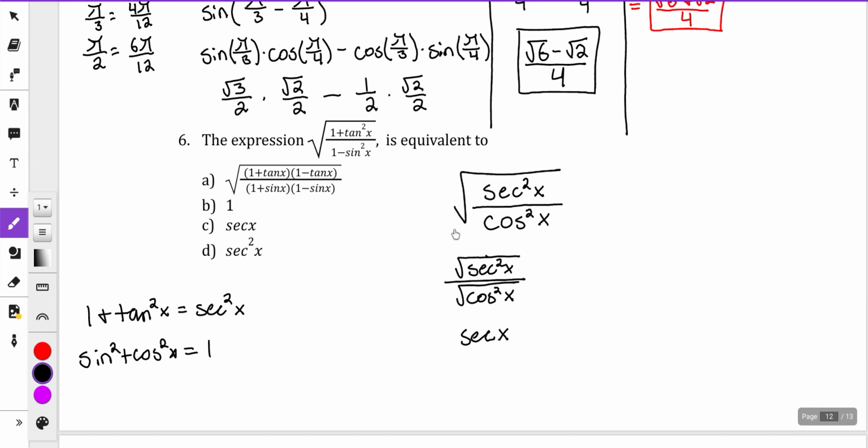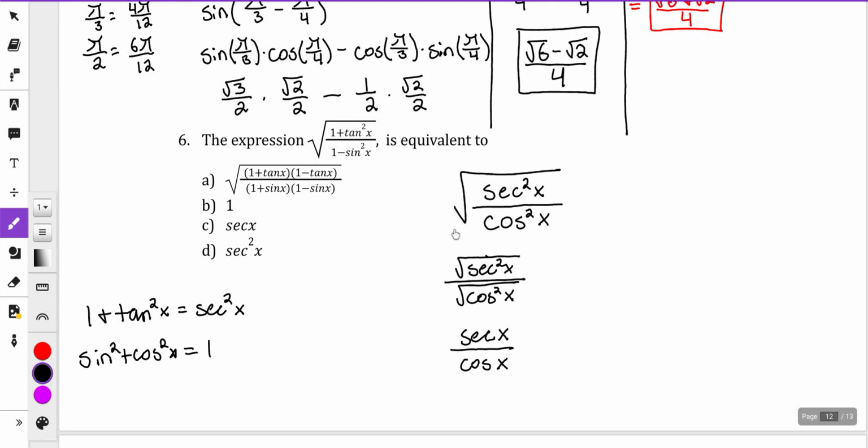The square root of cos squared would be cos. If we look, that does not match any of our answers. Okay, we got a little bit of a trick here.